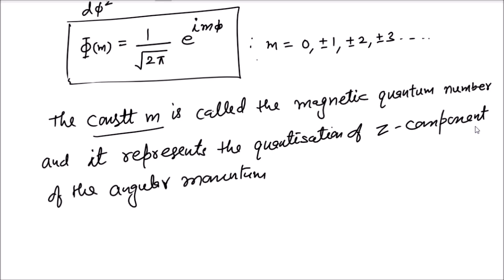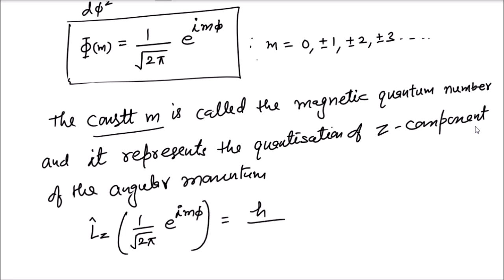So Lz acting on 1/√2 pi e raised to power iota m phi is equal to h/2 pi iota times the partial differential with respect to phi of 1/√2 pi e raised to power iota m phi.